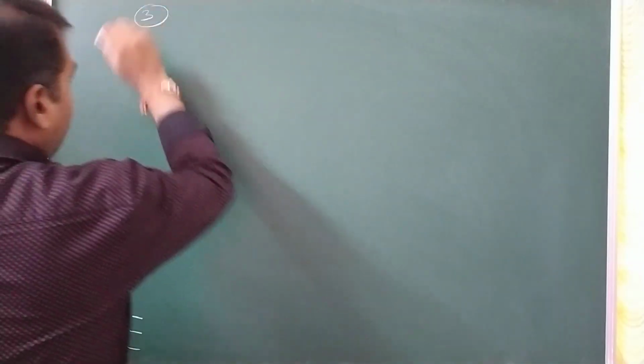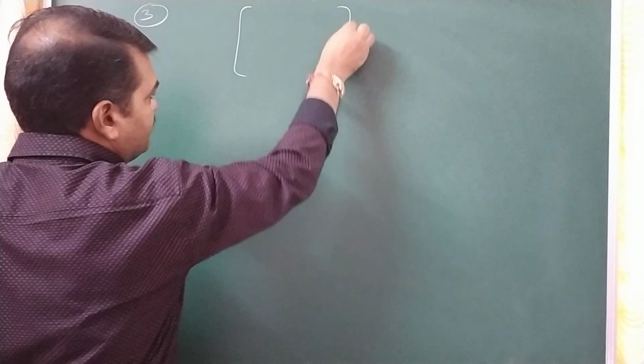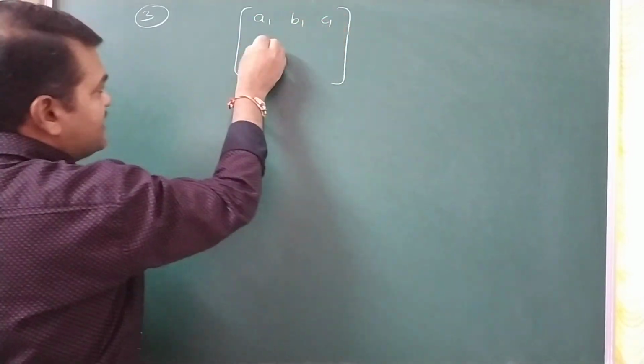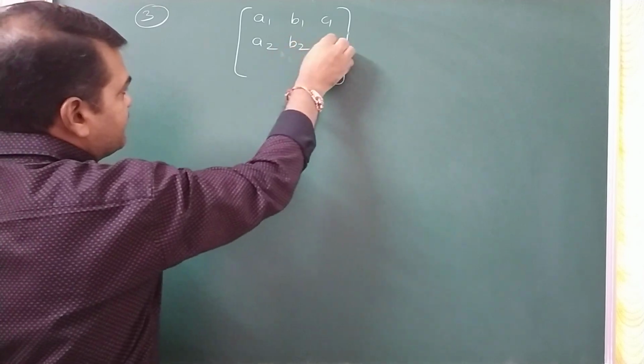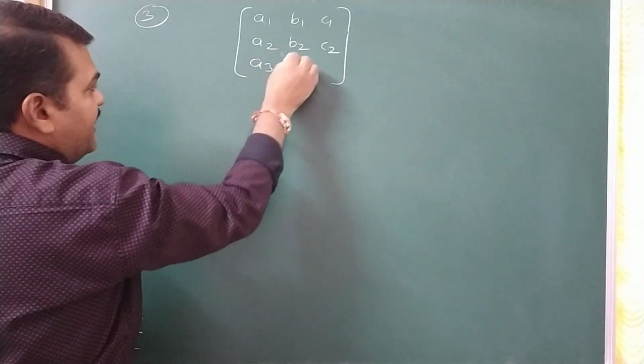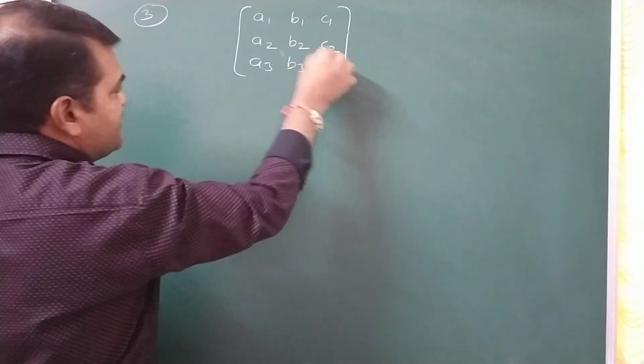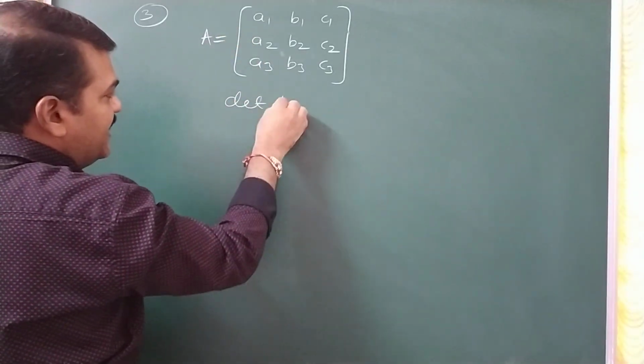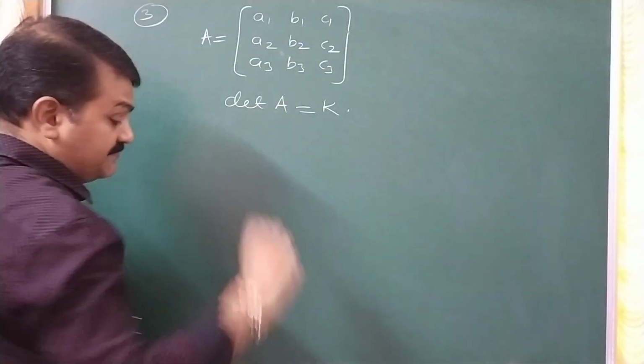Now let us go to the third property. Here we are taking a 3 by 3 matrix like this. Let us suppose that det A is equal to some k.